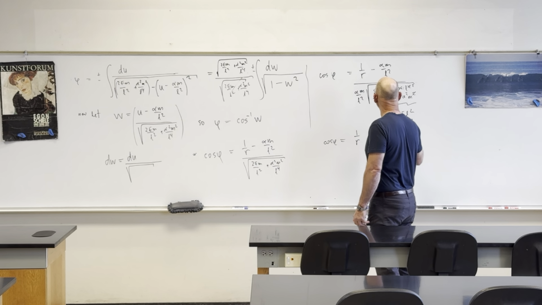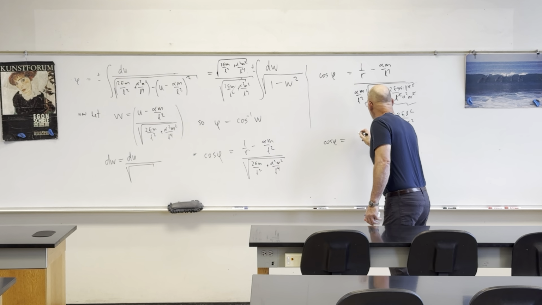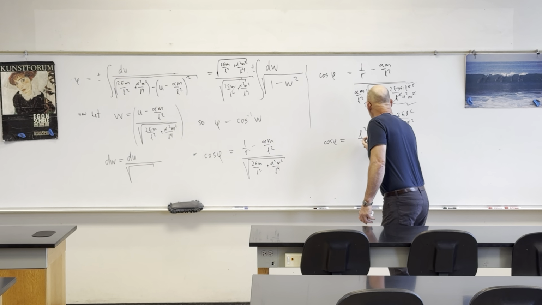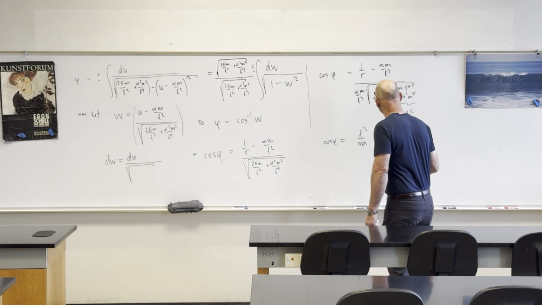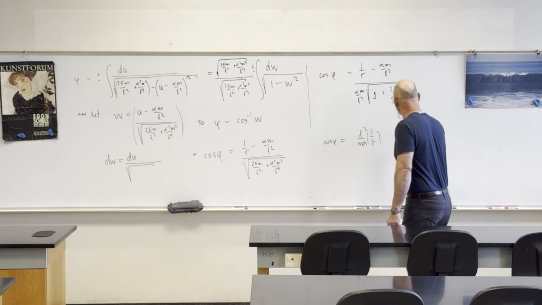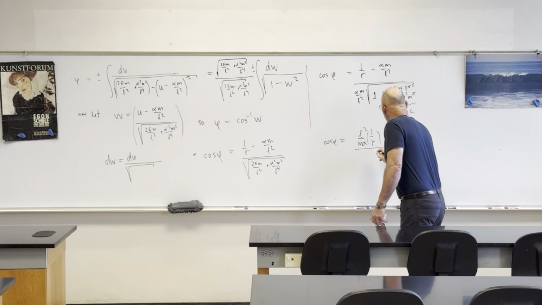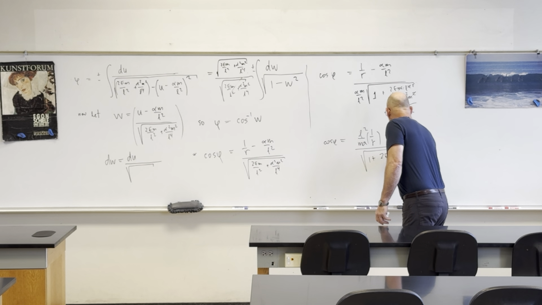Oh, and now we can cancel that. So we'll have L squared over m alpha, 1 over r minus 1, divided by root 1 plus 2e L squared over m alpha squared.